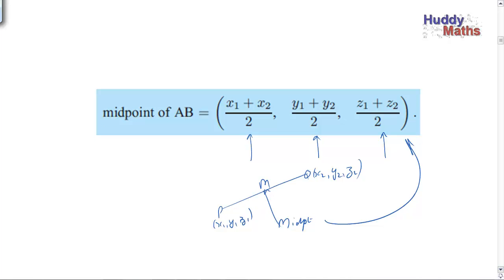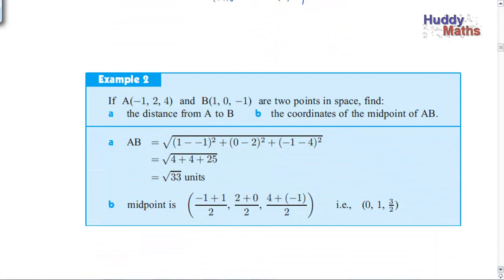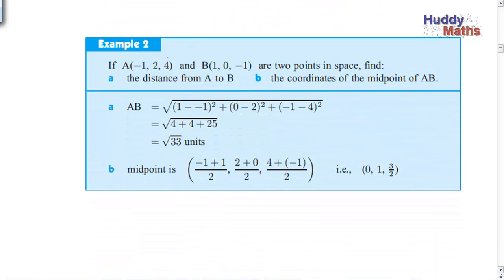Okay, come down and let's get started on some little stuff. So here, if we have 2 points in space, find the distance. We're going to use that formula: square root of (x2 take x1) squared, plus (y2 take y1) squared, plus (z2 take z1) squared. Using the points here, just remember 1 take neg1 squared, 0 take 2 squared.